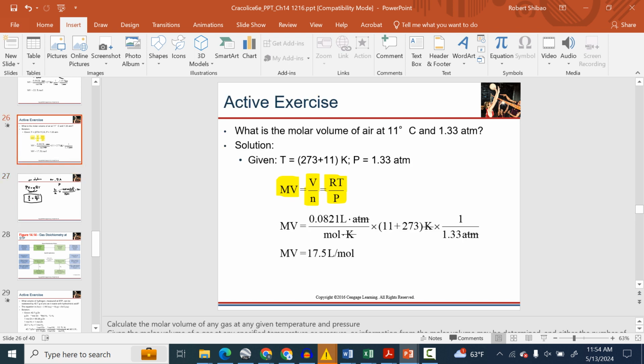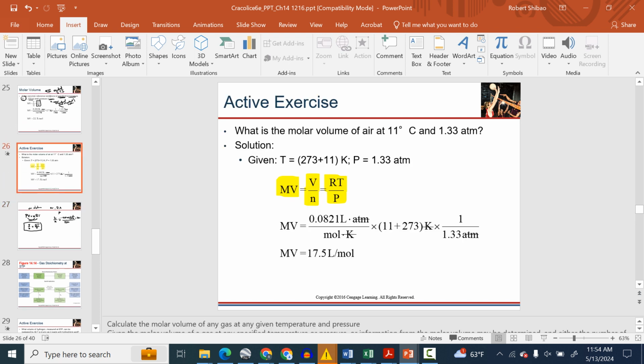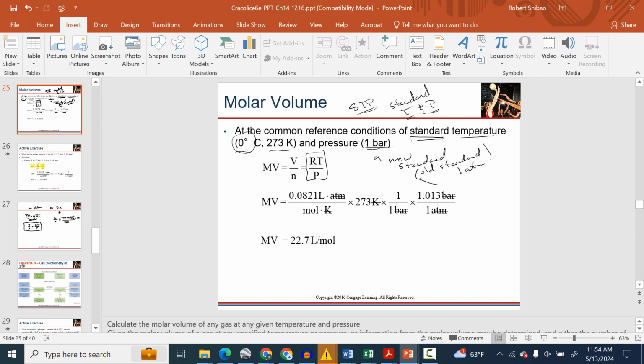But going back to this previous slide, we were talking about the molar volume with the new standard. The new standard is 1 bar. The old standard, this is the old one. This is the molar volume at STP new. This is the molar volume at STP old. And so when I was in Chem 4 and high school Chem, I had to memorize this, 22.4 liters per mole.